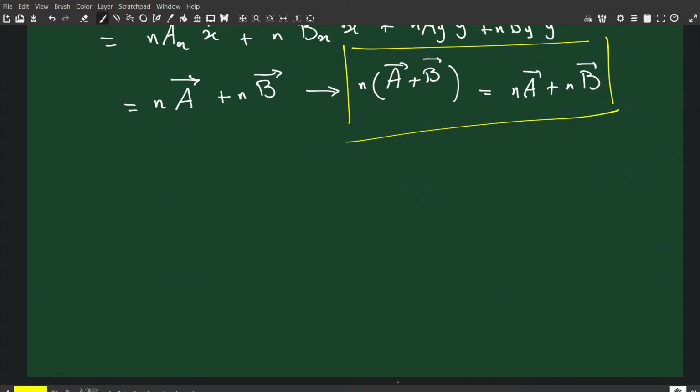To multiply two vectors with each other, we have two definitions. To multiply a vector and a vector, you have two ways. The first one is the dot product.